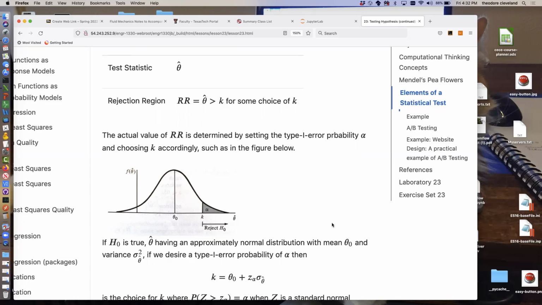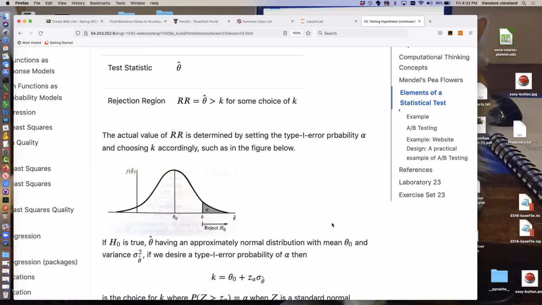So we choose an acceptable error rate. We call that, what letter of the alphabet? Greek letter, looks like a fish, alpha. Once we choose that error rate, assuming we have assumed an underlying distribution of our sample, we can figure out what value our sample statistic, our sample measurement, has to have so that if it's bigger than that value, we're out here in the error region.